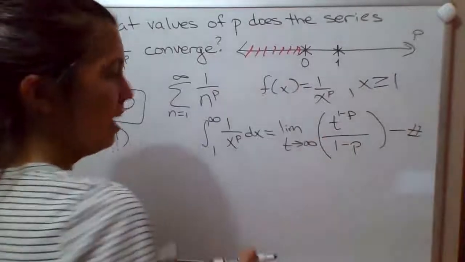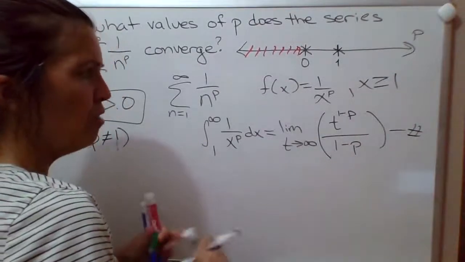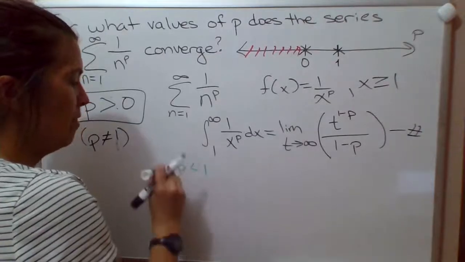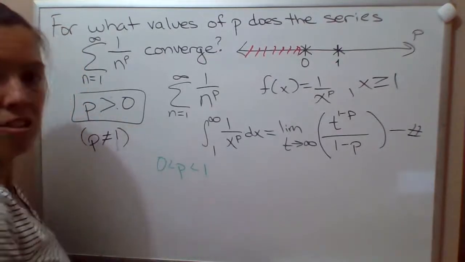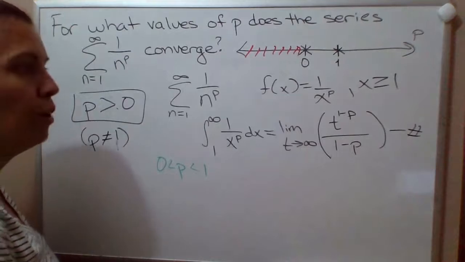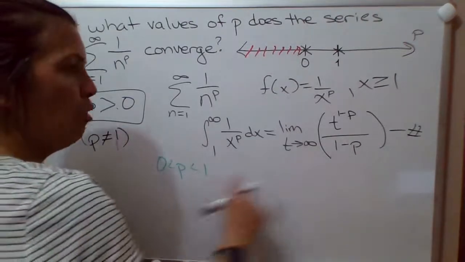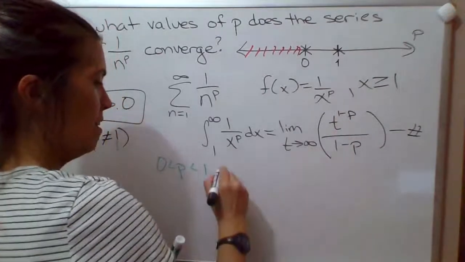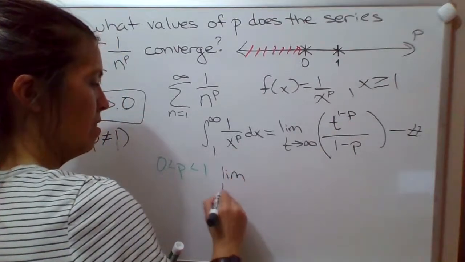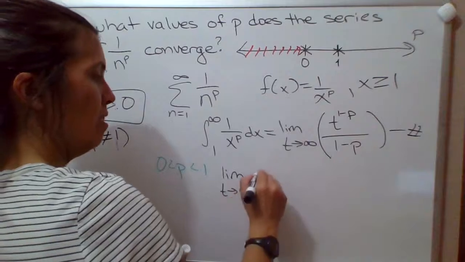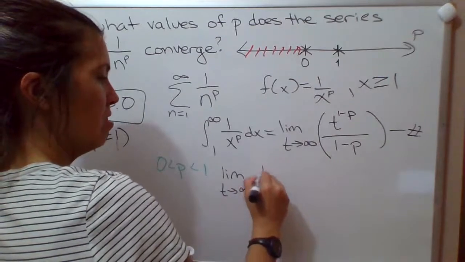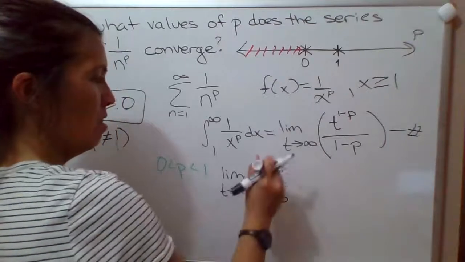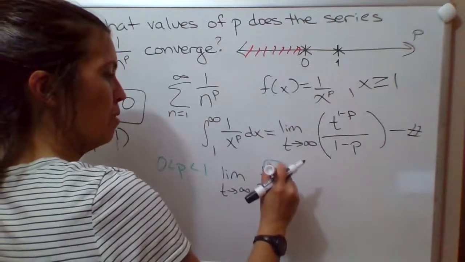So here we actually need to consider some individual scenarios. If p is less than 1, and we're already assuming that it's positive, so it's bigger than 0, so p is a number between 0 and 1, then this t to the 1 minus p is a positive exponent.